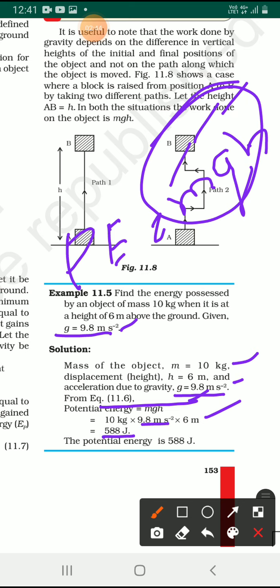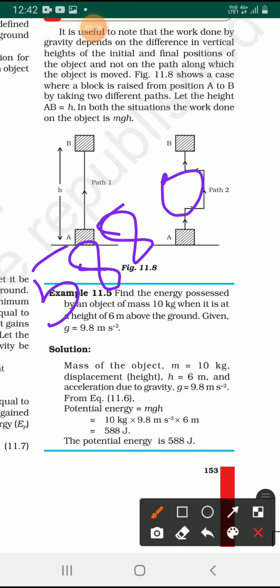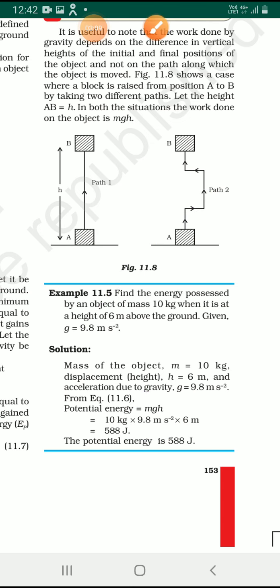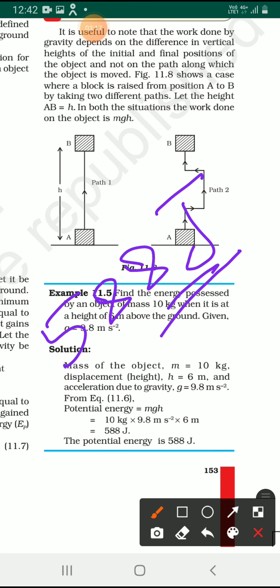Then put the decimal point. If you remove the decimal point, keep it after one number, so the answer becomes 588.0. The point 0 we can neglect, so we directly write the answer as 588 joules. Joule is the unit, written with a capital J.